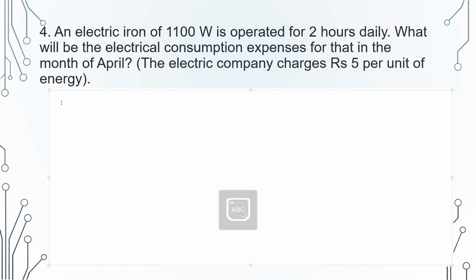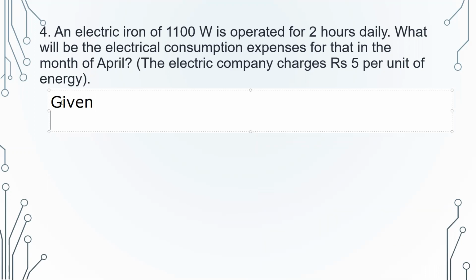Okay. So we can write given. Power is given. Power P is equal to 1100 watt. Here we want to find out the electrical energy expense of month April, and the electrical company charges ₹5 per unit of charge.